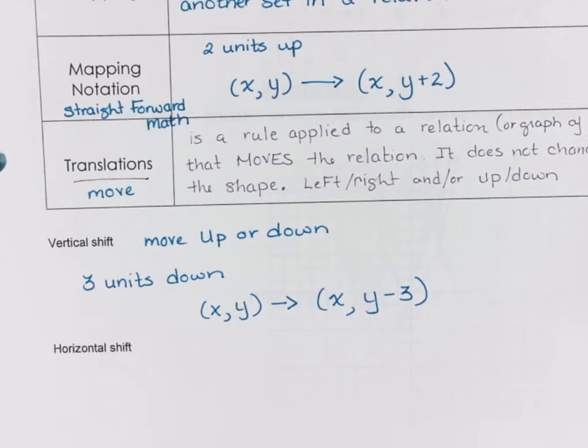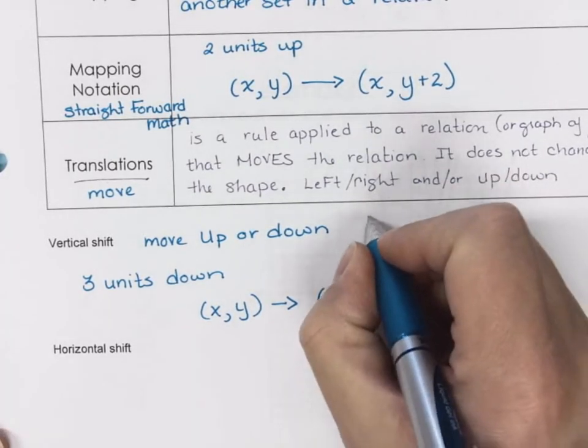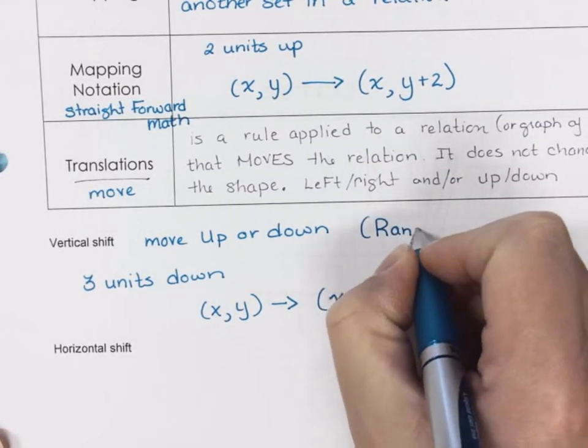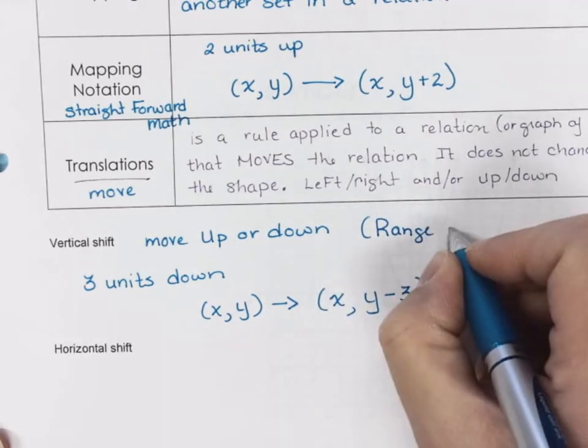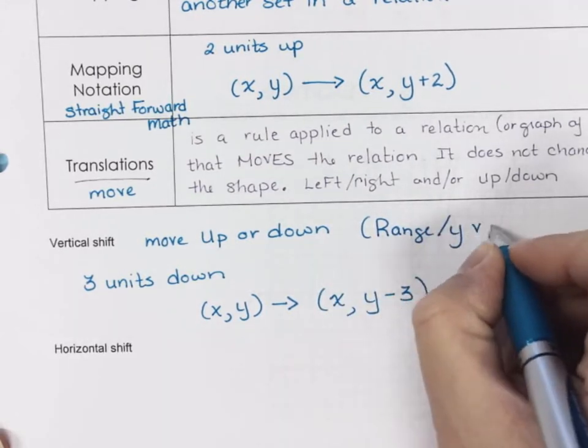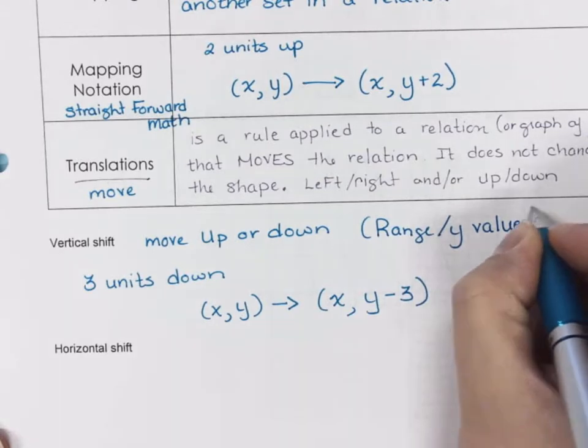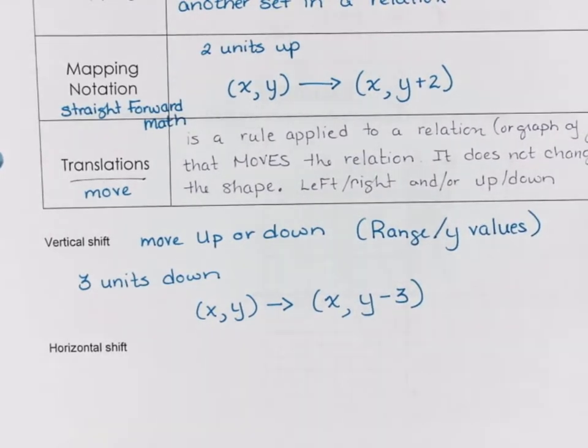Okay, horizontal shift. We're going left and right, right? We're moving left and right, and it's going to affect the domain or the x values. Maybe we should put that with the vertical. I'm just going to put in brackets here that it affects the range / y values. And again, ladies and gentlemen, these are your notes, so you've got to make them make sense to yourself.